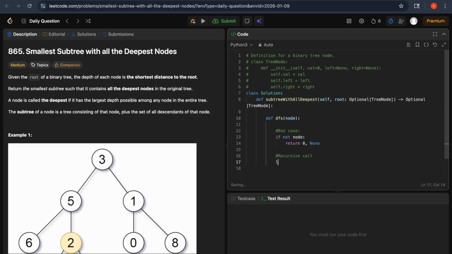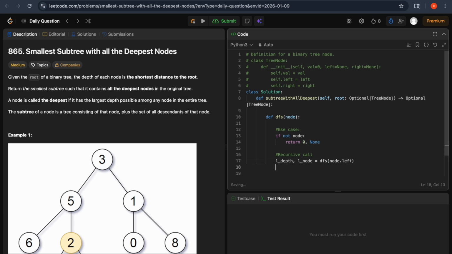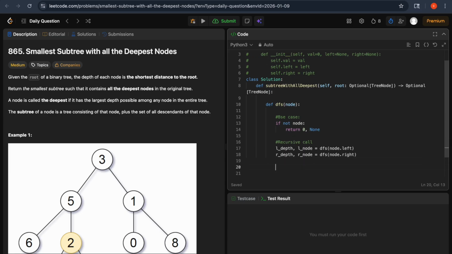So left depth and left node for node dot left, and right depth and right node. Right.